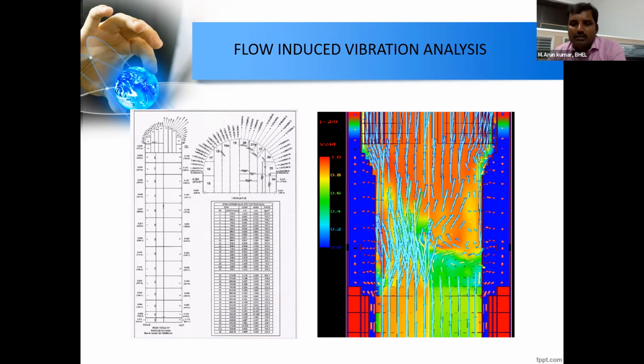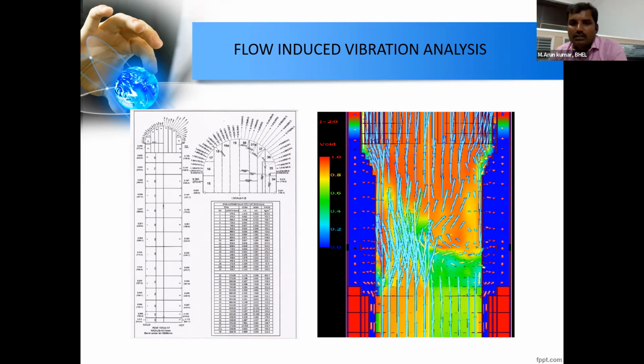For that, we have developed our own 3D codes in which we have done the analysis, and we have found the velocity profile at various regions, based on which we have calculated the critical velocity and the frequency.